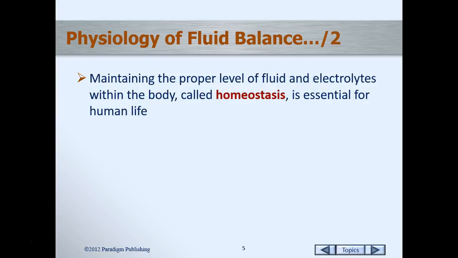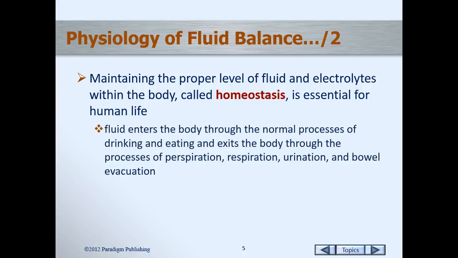Maintaining the proper level of fluid and electrolyte within the body is known as homeostasis. And as you've learned in 109 and we've talked about in 104, homeostasis is essential for human life. Fluid enters the body through the normal processes of drinking and eating and will exit the body through perspiration, respiration, urination, and bowel evacuation.